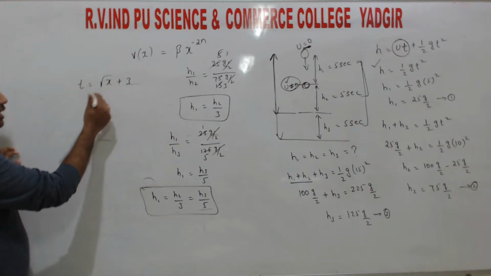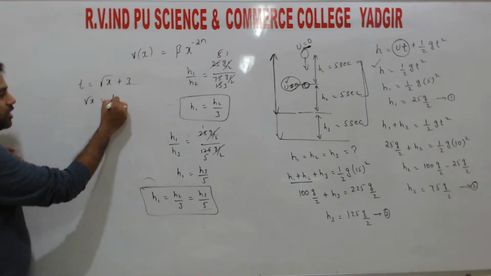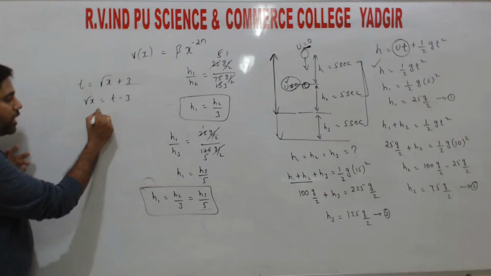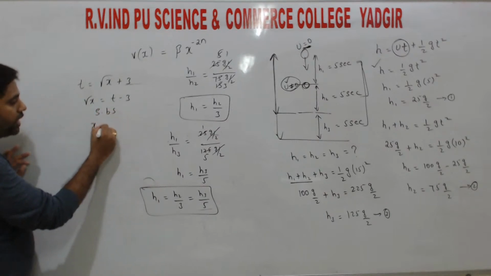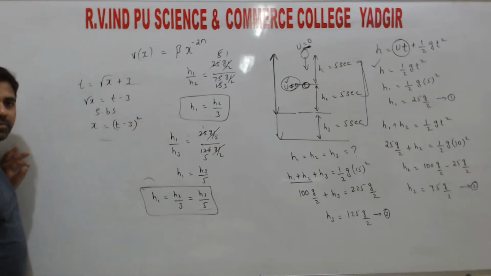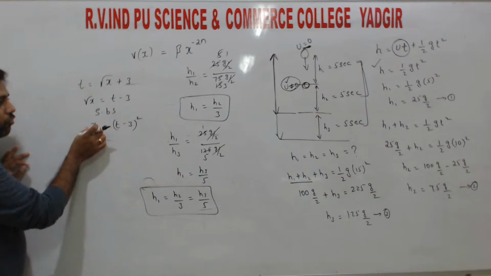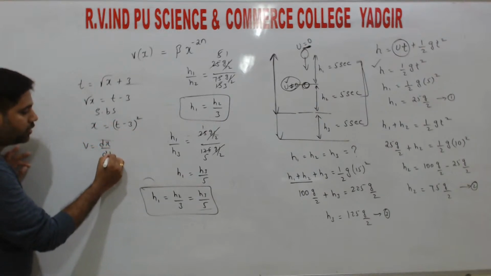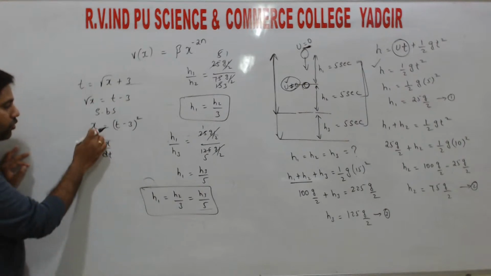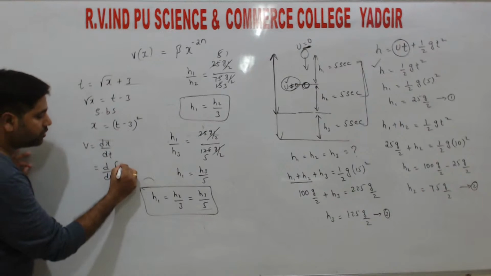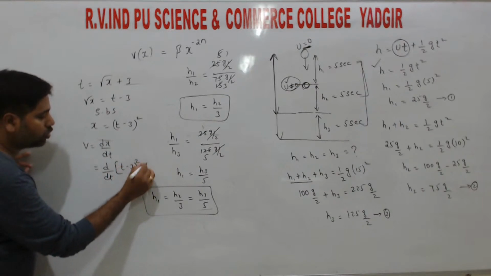Just rearranging the terms, root x is equal to t minus 3, right? Squaring on both sides, we get x is equal to t minus 3 whole square. Velocity v is equal to dx by dt, right? So we have x here, d by dt of t minus 3 whole square.